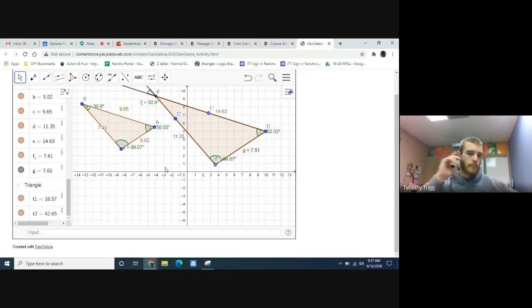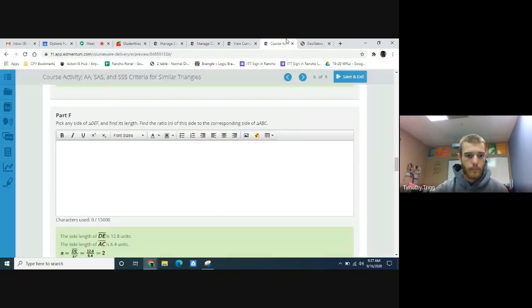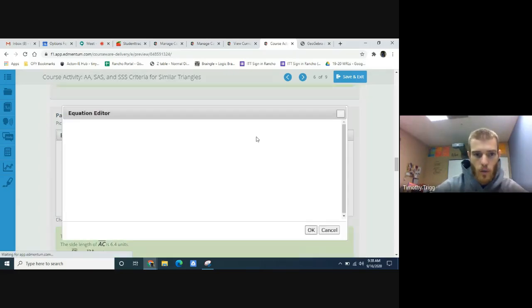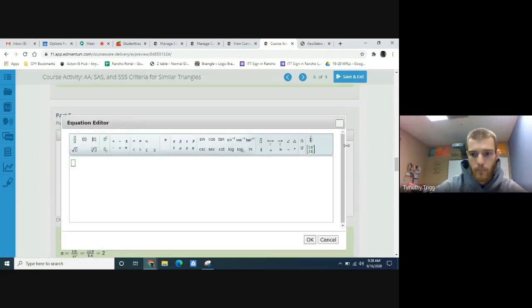Okay, great. So what it asked us to do was create a ratio between one of the side lengths here and one of the corresponding side lengths here. So for example, if I did AB over DF, like that. Oh, actually, they want the DF on top. So we would write, go ahead and pull up the equation editor.